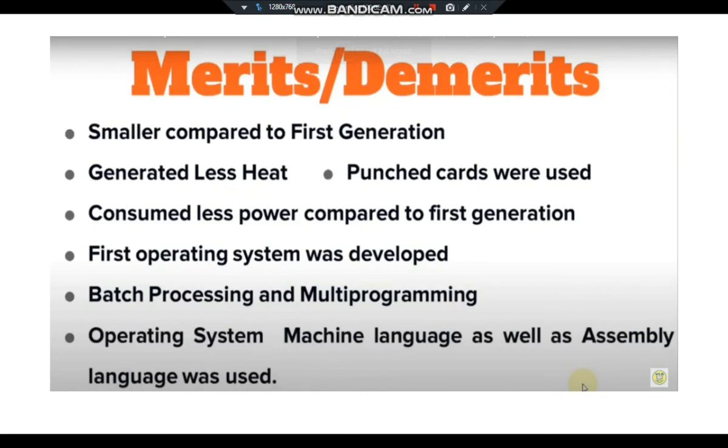And the multi-programming concept was also introduced in this second generation, along with a multi-programming operating system. In this generation we are using machine language as well as assembly language to develop program code.